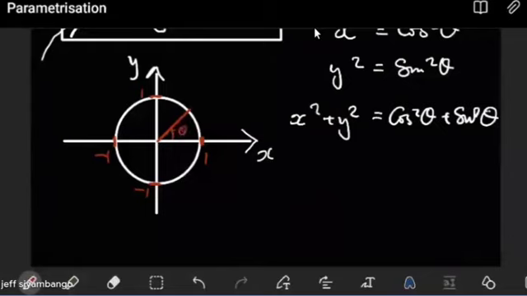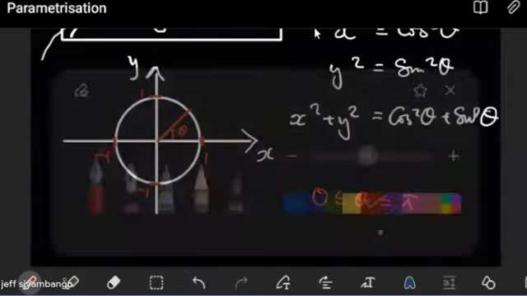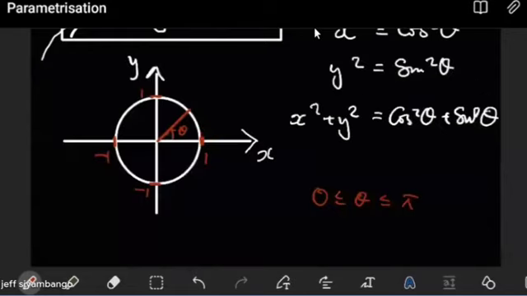And they're saying theta is from 0 all the way up to 2 pi, meaning that it's actually a full rotation creating our complete circle. Had our theta been from 0 to pi, then this would have been a semicircle, because pi would have been made by just rotating from here up to here. So we would have just ended up with the upper piece of our circle. But since we're going all the way to 2 pi, it's a full rotation.